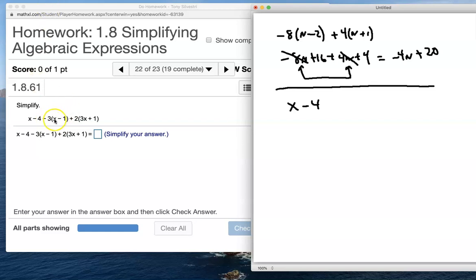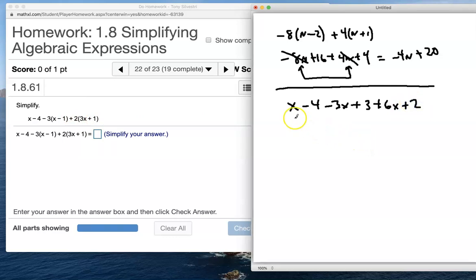So minus 3x, minus 3 times minus 1 is 3. Then we have 2 times 3x is 6x, and 2 times 1 is 2. So we've liberated all the terms.